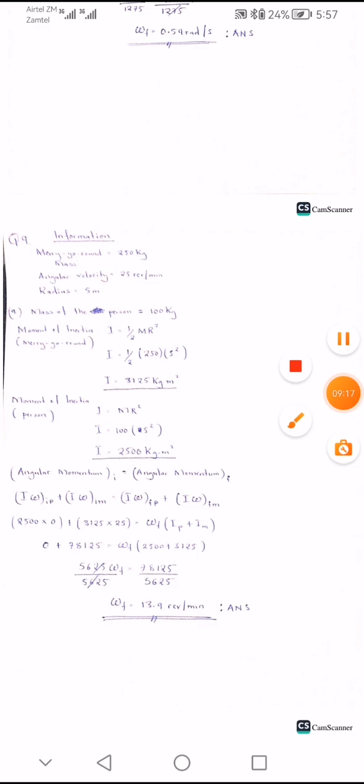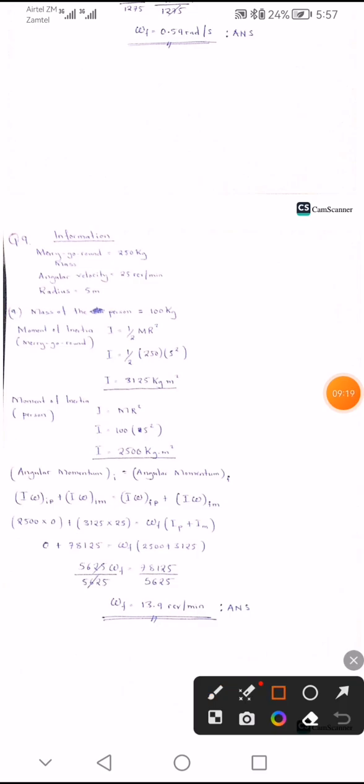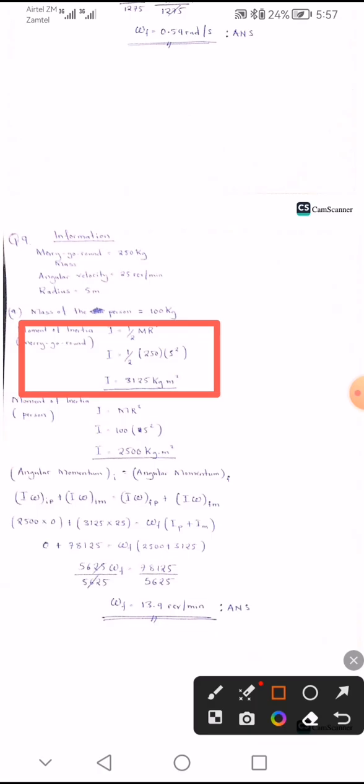Then what we are simply doing now here is we want to find the moment of inertia of the merry-go-round. Since that's a disc, we find it using this formula here. If it's a disc or a cylinder, then you can find the moment of inertia by using the formula half mr squared. What is the mass of the merry-go-round? 250, that's what we've put there. What is the radius of the merry-go-round? 5, that's what we've put there.